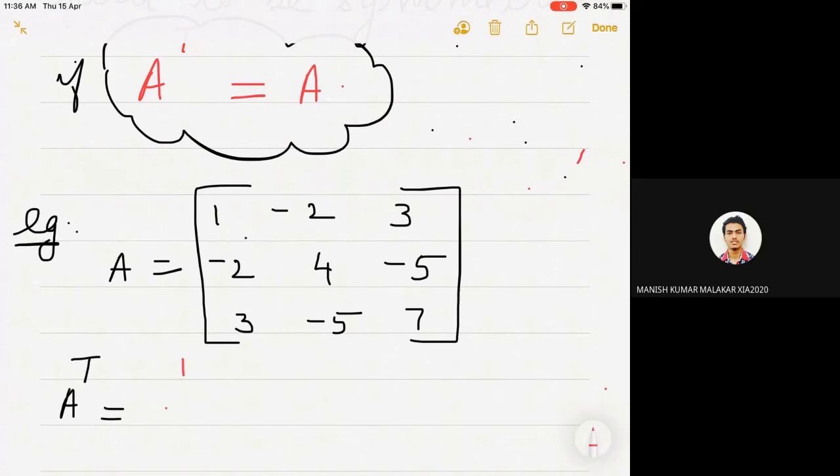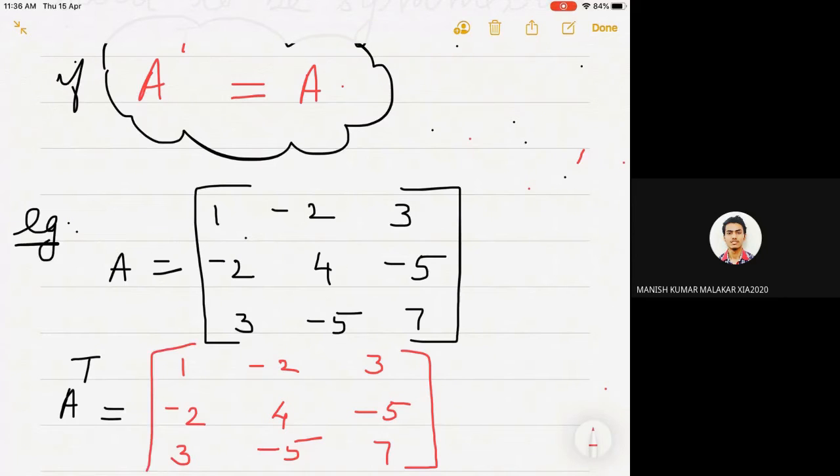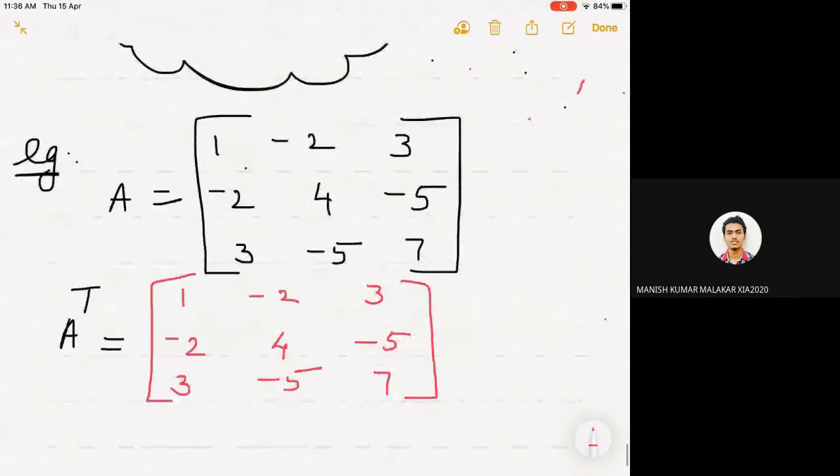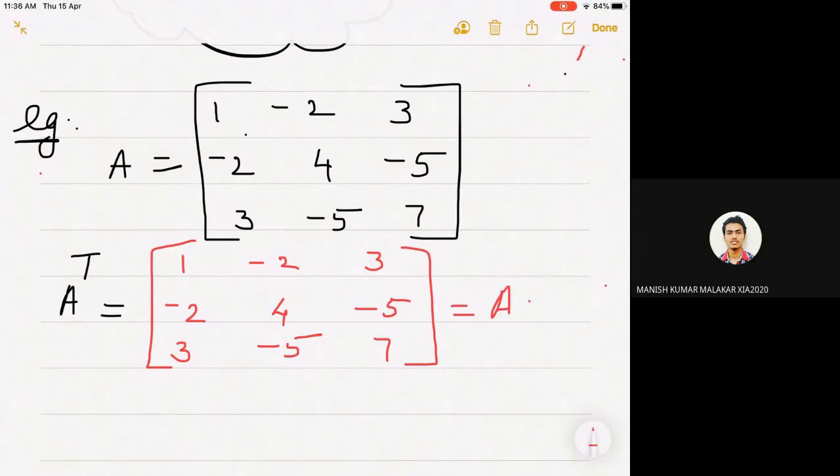So we'll get 1, minus 2, 3, and the second row becomes the second column, minus 2, 4, minus 5. The third row becomes the third column, that is 3, minus 5, 7. After taking the transpose also, you can just notice that both are the same matrices. So A transpose equals A. That is, A is a symmetric matrix.